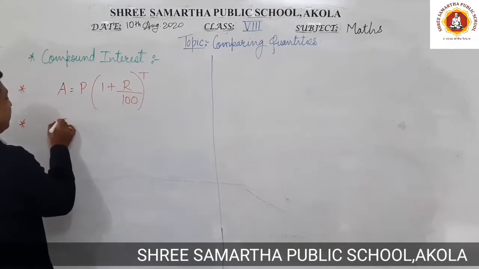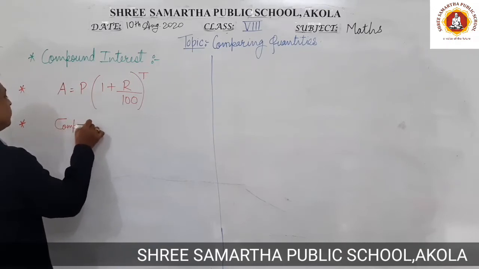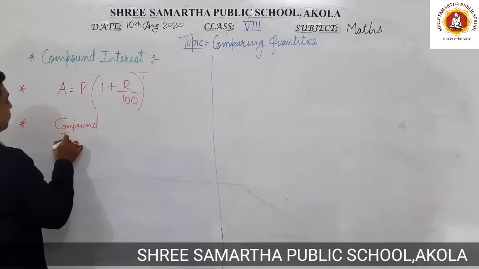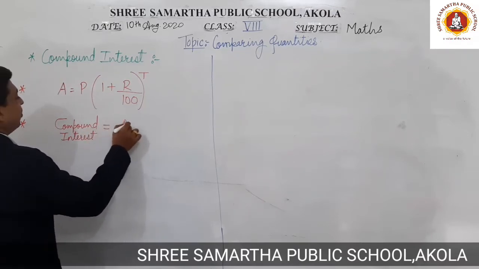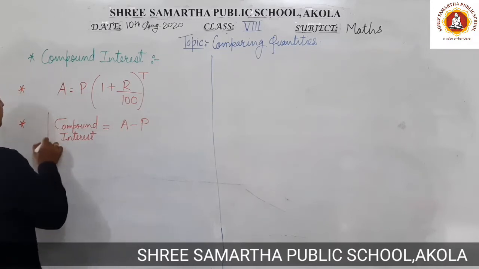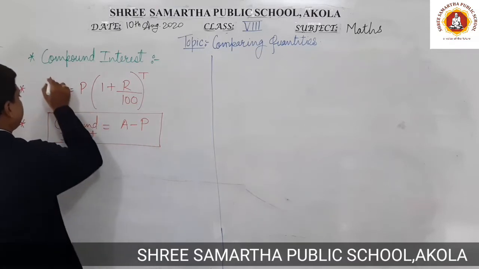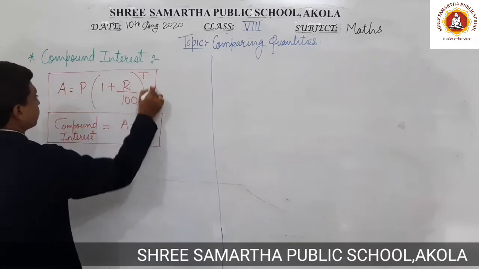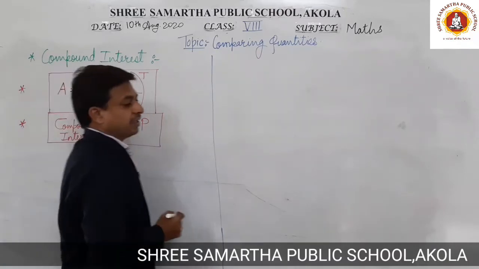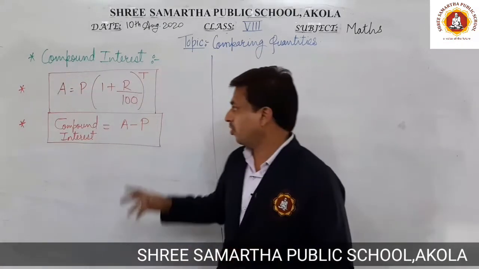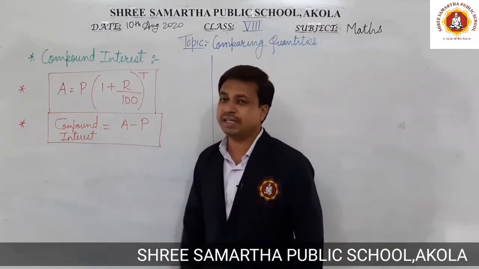Compound interest will be equal to amount minus principal. For the amount we will get this formula, and for compound interest we will get this formula.